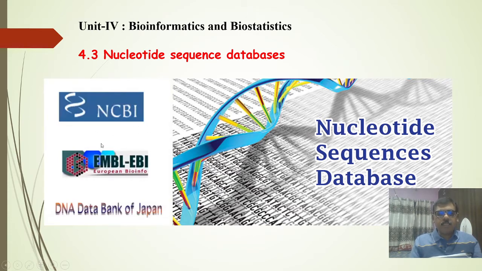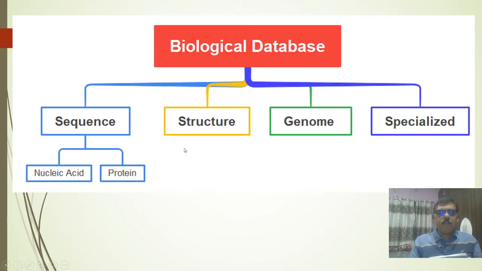NCBI's GenBank, EMBL, and the DNA Data Bank of Japan are the three nucleotide sequence databases. Biological databases are divided into four types: sequence, structure, genome, and specialized databases. Among them, we have to discuss today the nucleic acid or nucleotide sequence databases.